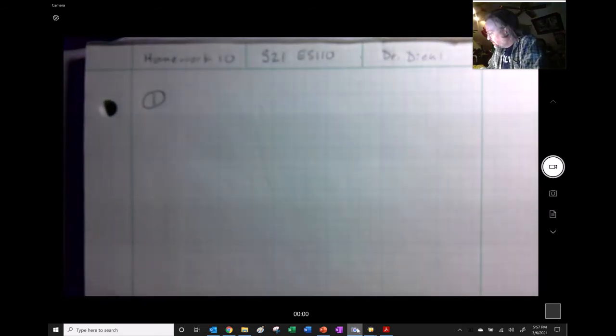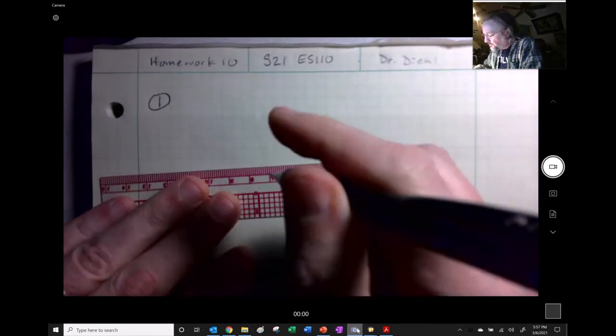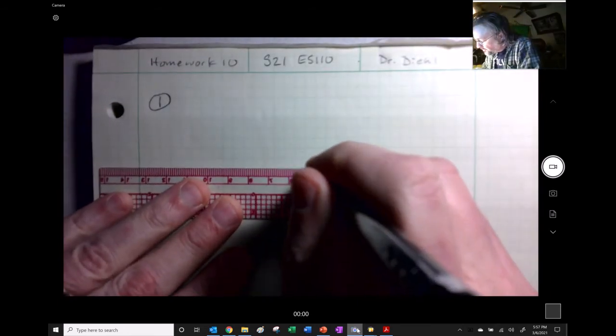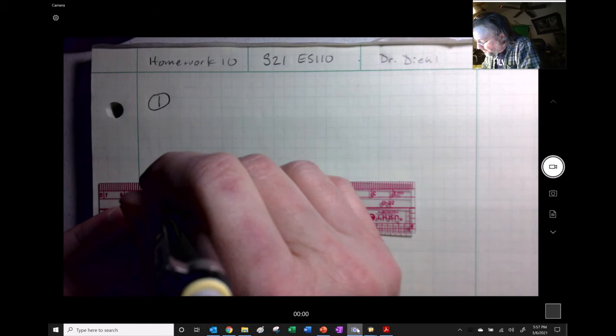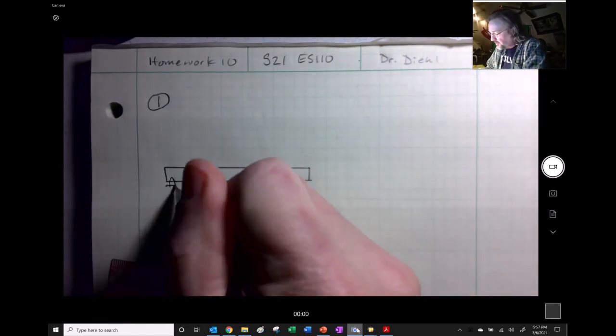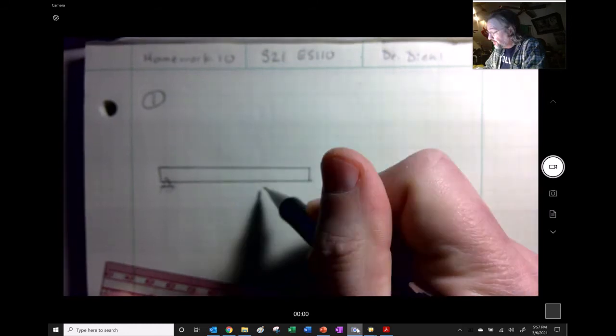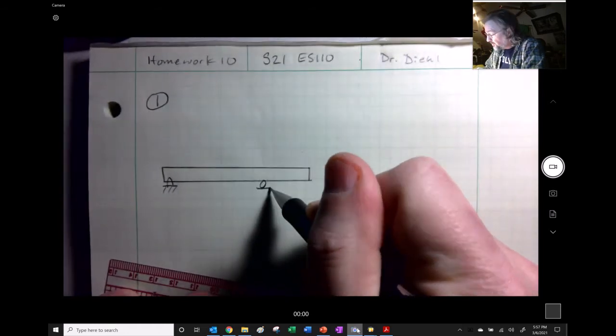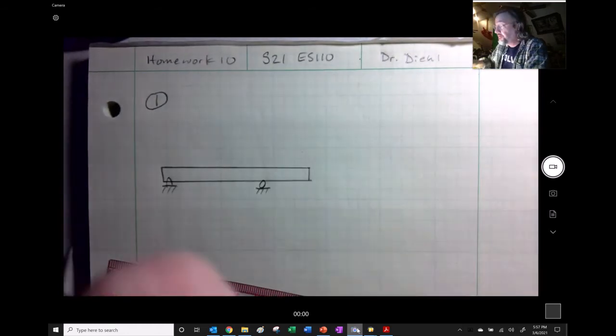Let's draw this thing out. I'll use a straight edge, why not? Put these on here. Let's see, it's got a little connection right there. It's got a little roller ball action right here.